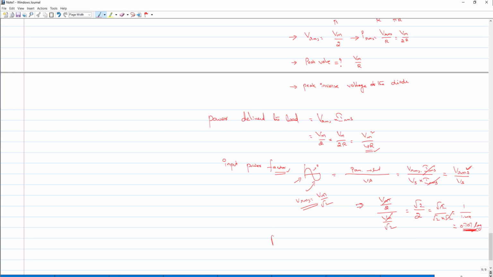The power electronic device basically will disturb the main power supply, and hence we have to be very careful while deploying it. Our main supply should not be spoiled.